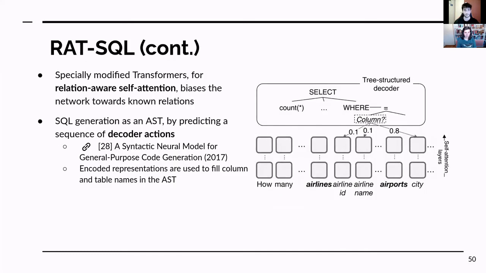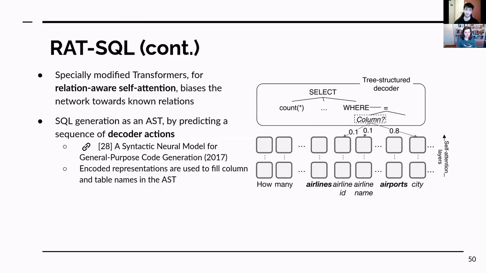So having created this representation of the input, RAT-SQL uses specifically modified transformers that take into account the edges of the graph that was created earlier to perform relation-aware self-attention, which essentially biases the network towards the relations that we have discovered from schema linking and the relations that are present from the database schema.